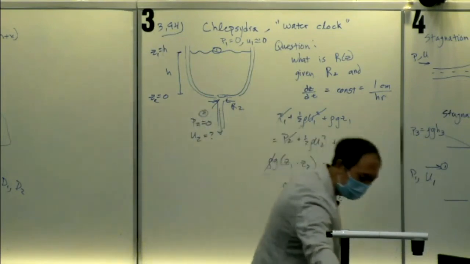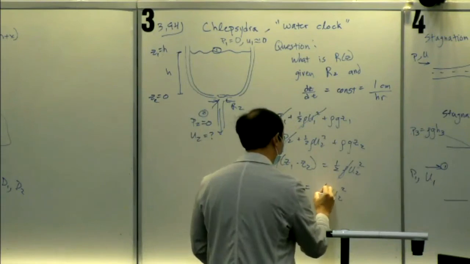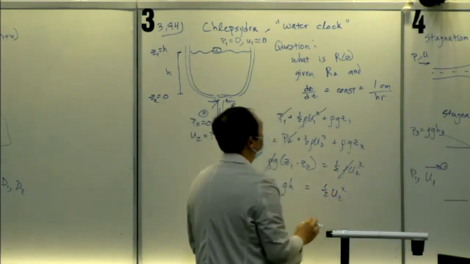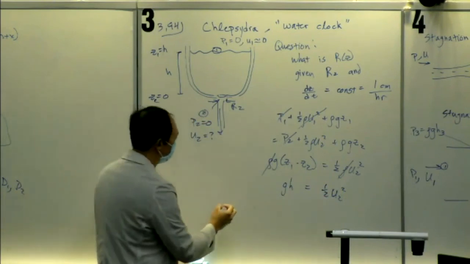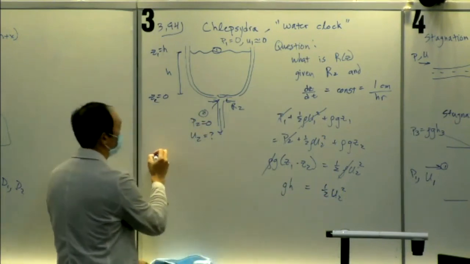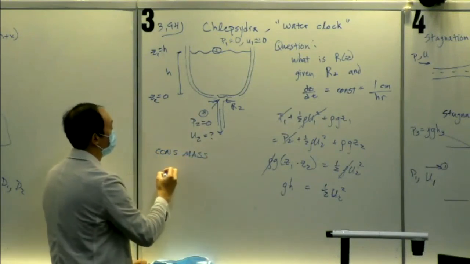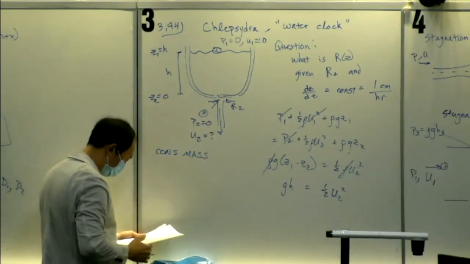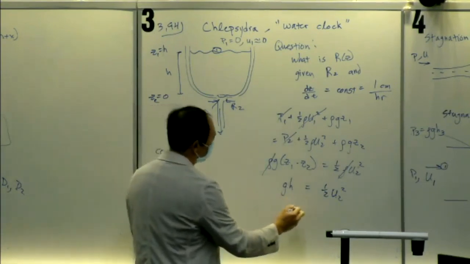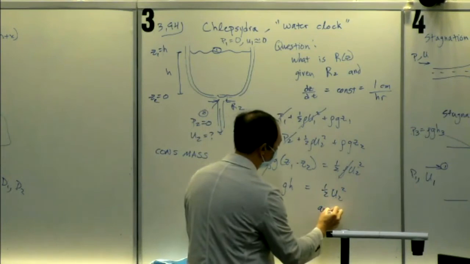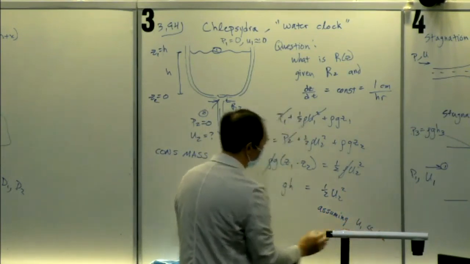I forgot one of the rho's. All right. But that doesn't tell us what R of Z is. That comes from conservation of mass. So this is interesting because you're assuming U1 is much, much smaller than U2.